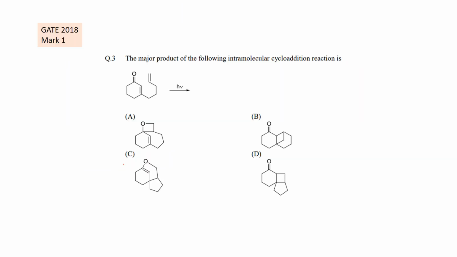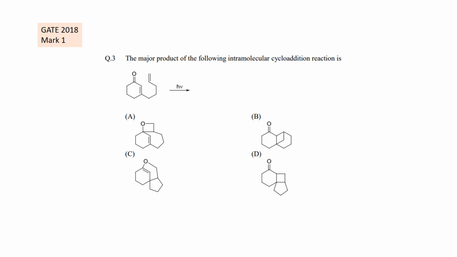What is the major product formed in the following intramolecular cycloaddition reaction? Usually alkenes do not take part in cycloaddition reactions, but alpha beta unsaturated alkenes are prone to take part.